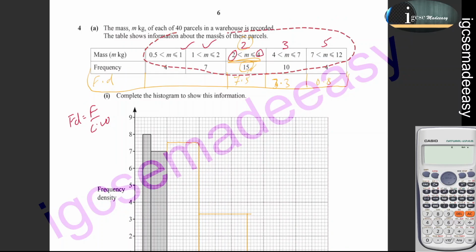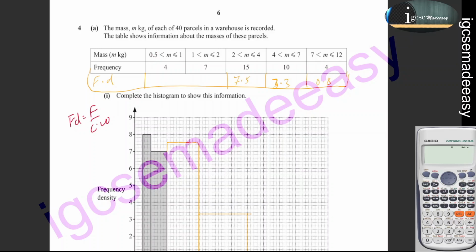So let me erase some of these things here. Okay, for finding the mean mass, you just have to find the mid value of each interval. How can we find the mid value of these intervals? We will add the upper limit with the lower limit and divide by 2.